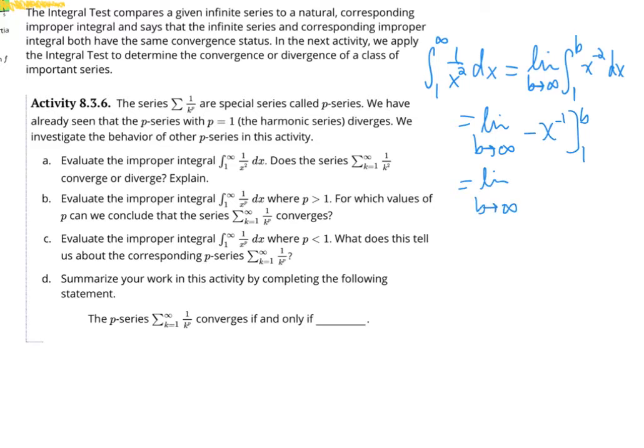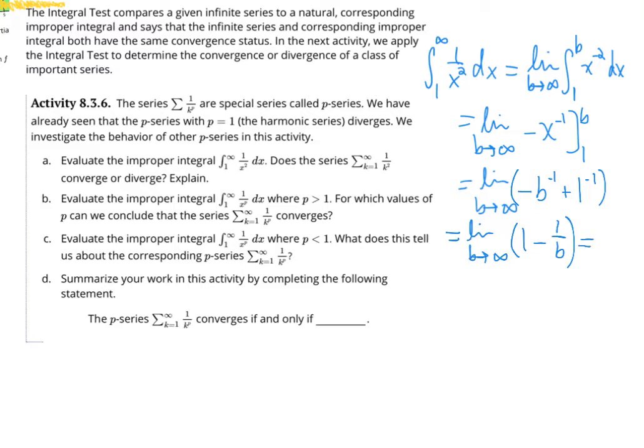And now I plug in b and I get negative b to the negative 1 plus 1 to the negative 1. Cleaning up the notation, I have the limit as b approaches infinity of 1 minus 1 over b.